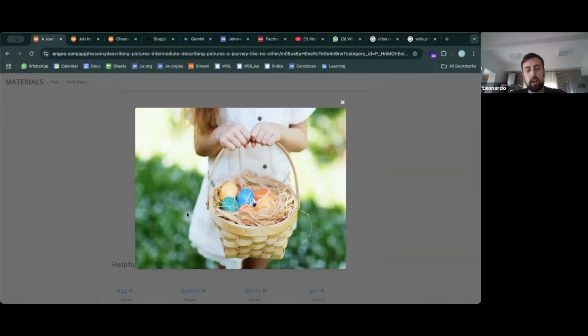She's wearing a white dress. Yeah, that's it. Maybe in this image the background is a farm or the backyard of her house. I don't know, but we can see the grass. I think it's this.